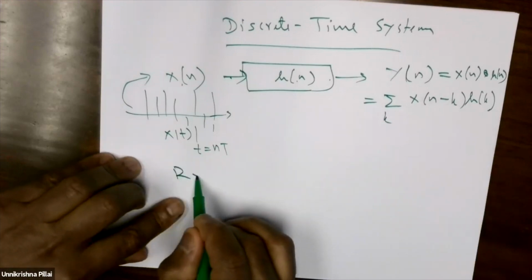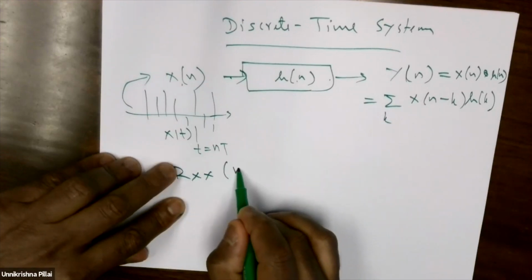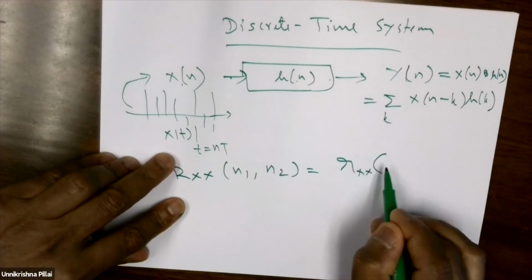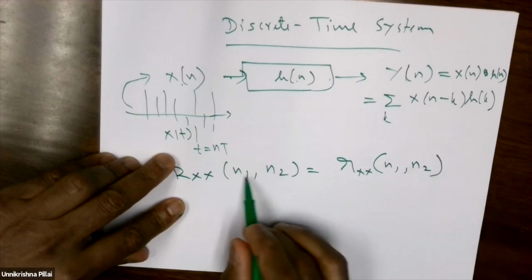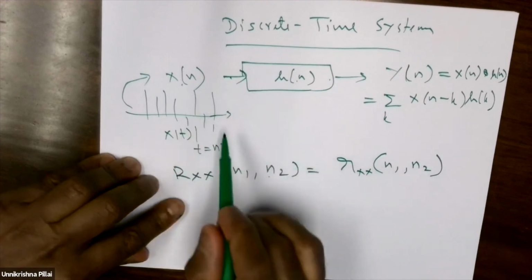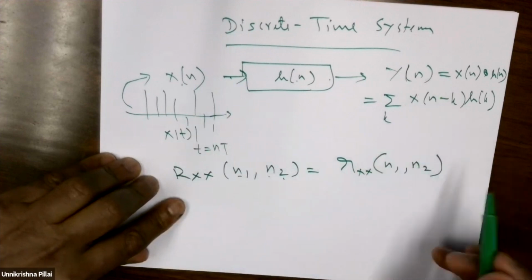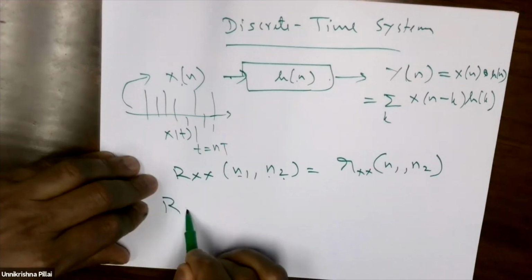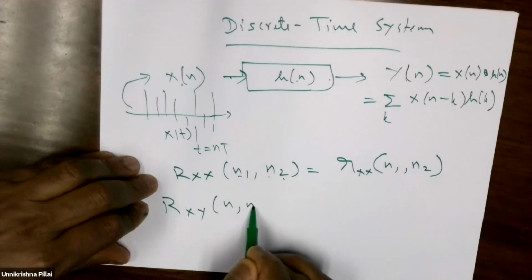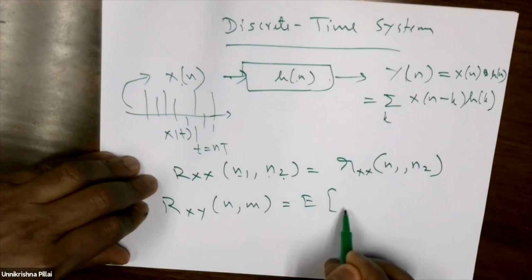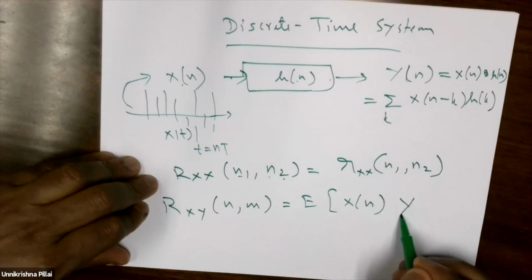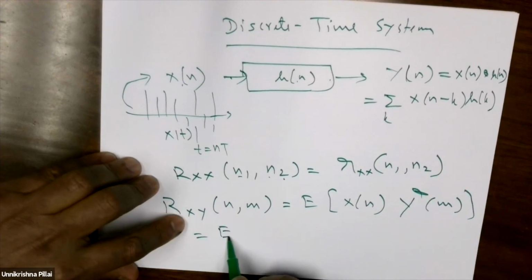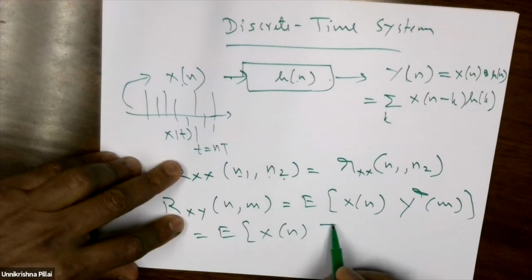So generally, let me write it like this: Rxx(n1, n2), discrete time values, where T1, T2 become n1 and n2, or n and m. The cross correlation function Rxy(n, m) is the expected value of xn multiplied by y star of m.